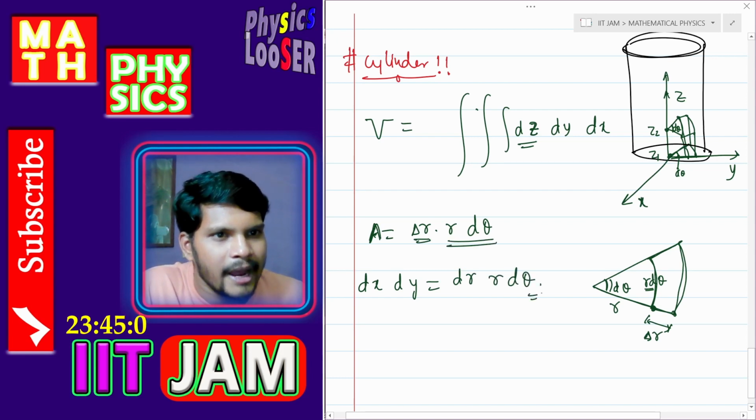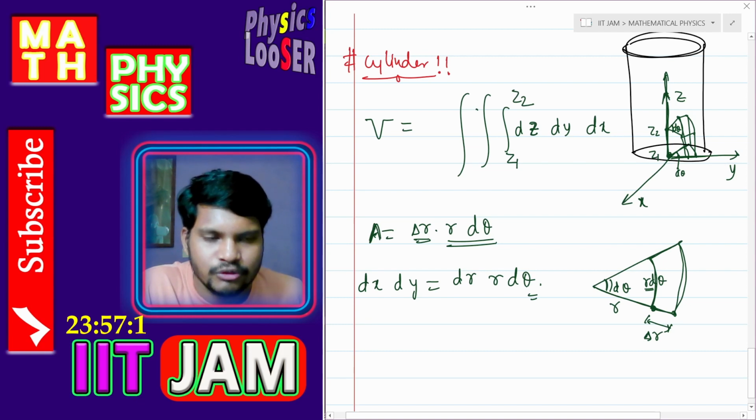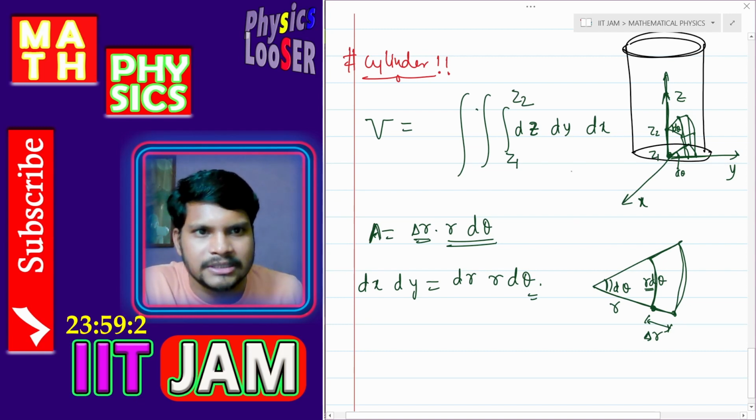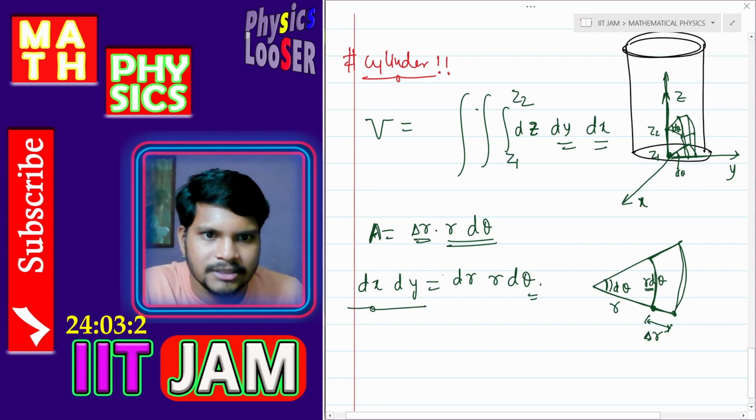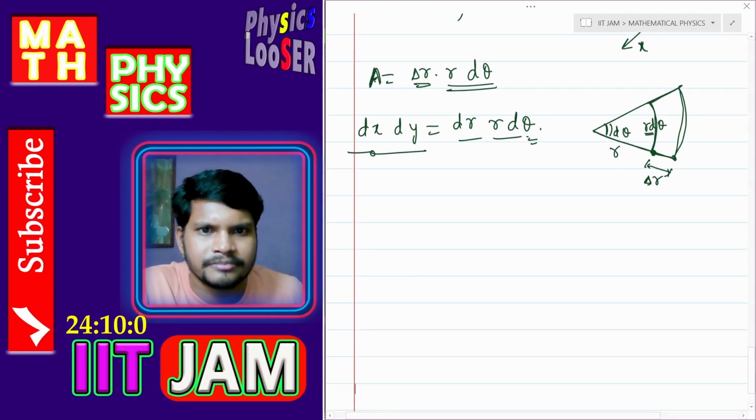Understood? Now once you are doing the integration in dz, what is dz? Dz is just taking the limit of how the height is increasing. It means that it is going from z1 to z2. So in a very complicated scenario, z depends on x and y. Because we have transformed everything from dx dy into dr d theta, I can simplify the whole integral.